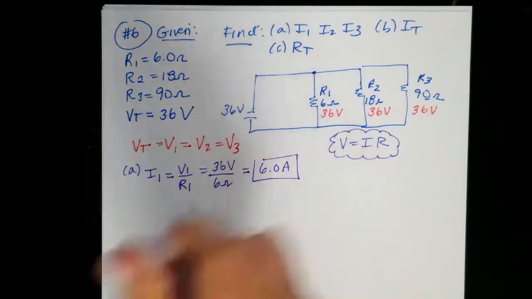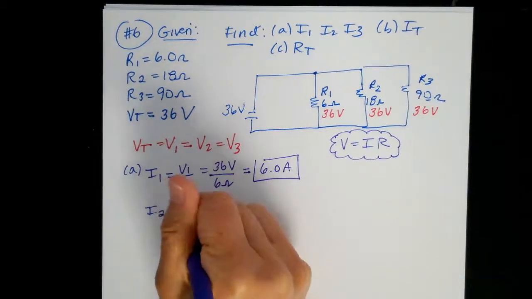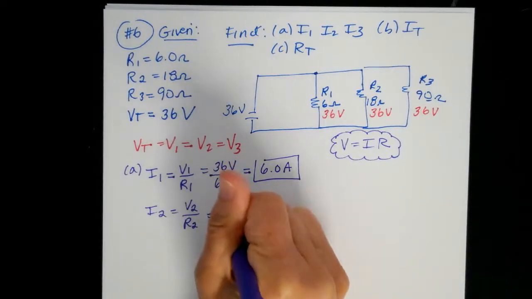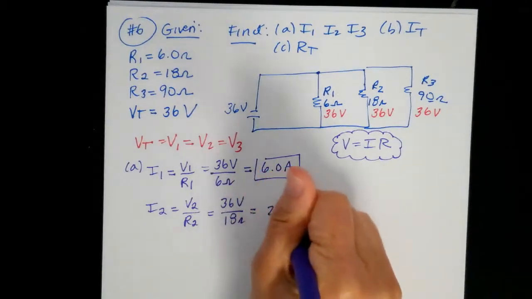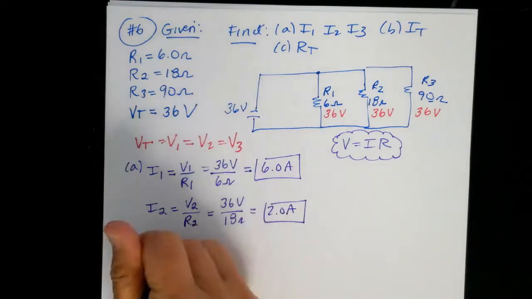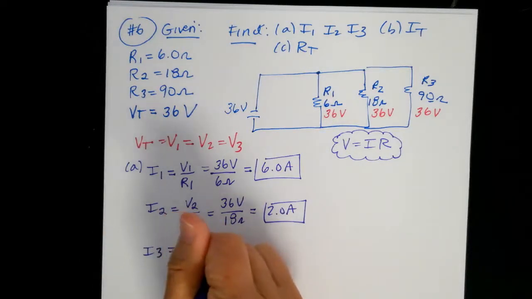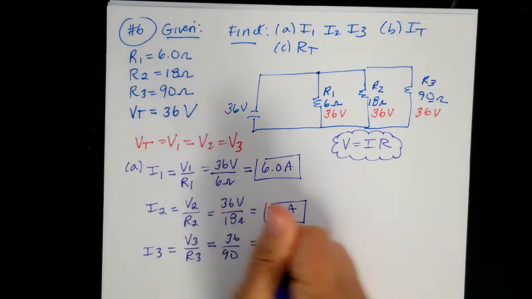Then I2 is V2 over R2, which is 36 volts over 18 ohms, equal to 2 amps. And then I3 is V3 over R3, which is 36 over 90, which is 0.4 amps.